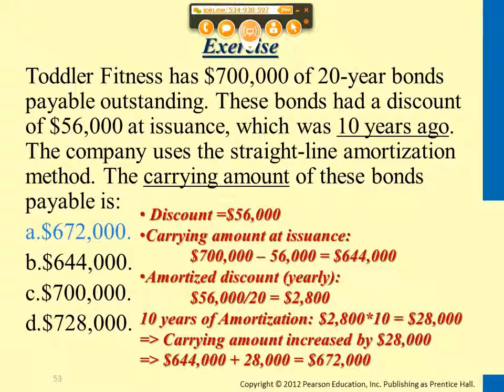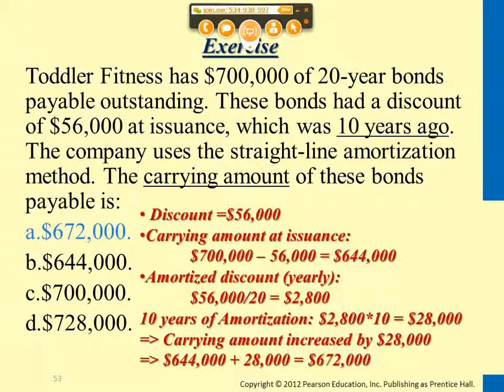So this part here tells you every single year, meaning if we times twice what we journalize every half a year, that will look like this. $2,800 will be reduced from the discount on bonds payable account, and at the same time this deduction increases bonds payable by $2,800. So little by little the bond's carrying amount will gradually increase, and after 10 years it will reach this point.